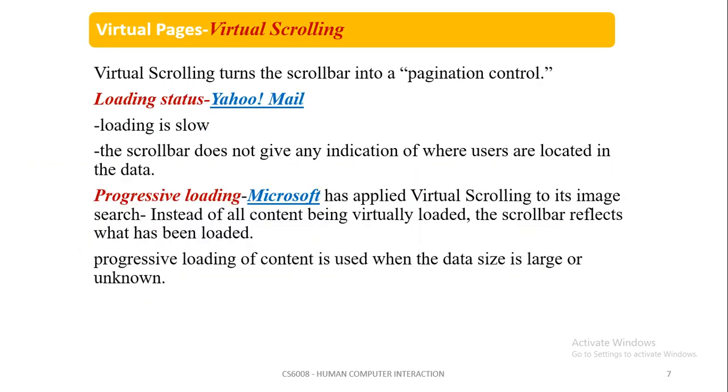And the visual scrolling is literally a scroll bar turned into a pagination control. It too has the drawbacks. Like in Yahoo Mail, you can see slow loading process, and the scroll bar doesn't give any indication of where the users are currently located.